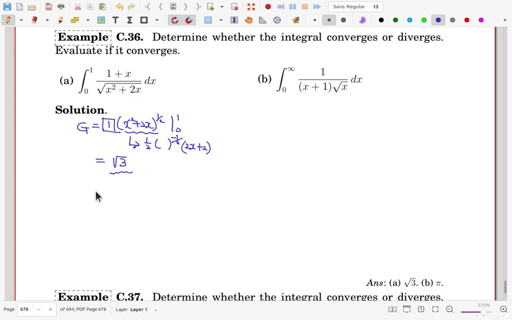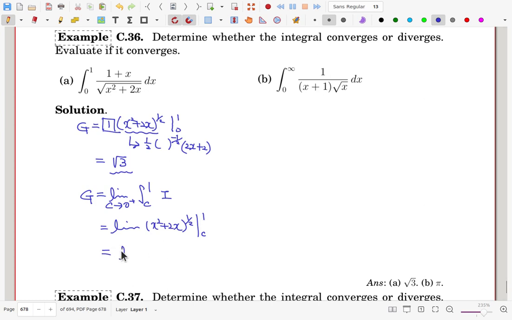If you want to do this using the definition, you can do it this way. Limit as c approaches 0 from the right side, of the integral from c to 1 of the integrand. The antiderivative is (x squared plus 2x) to the half power, from c to 1.